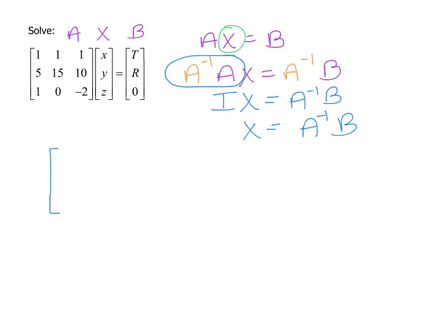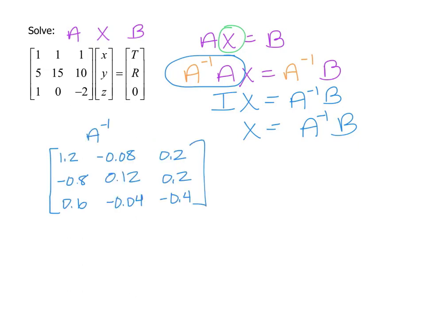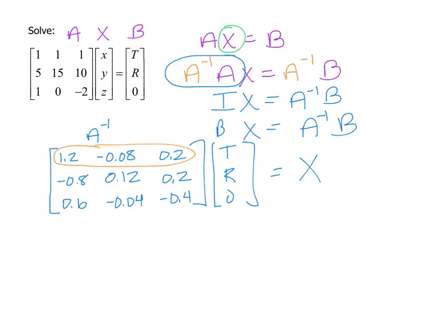All I need to do is find A inverse, and I'm going to use technology to find that. Here's my A inverse matrix. Remember, my b matrix is t, r, 0, so if I multiply these, I'll get my x. When you multiply, you're taking a row times a column. The first row gives 1.2t minus 0.08r plus 0 times 0.2.